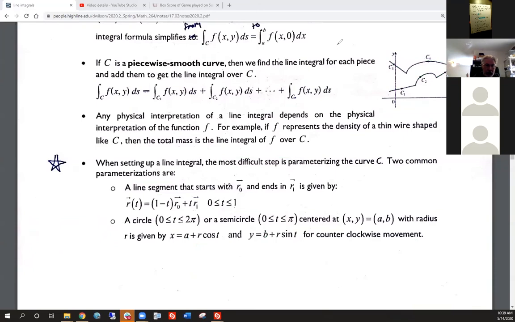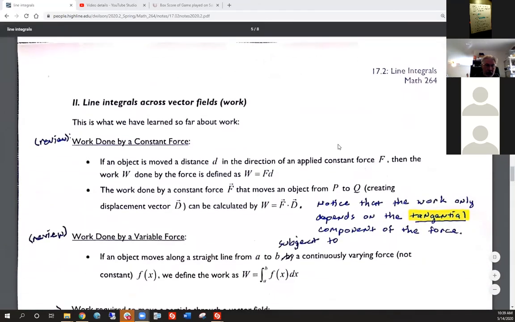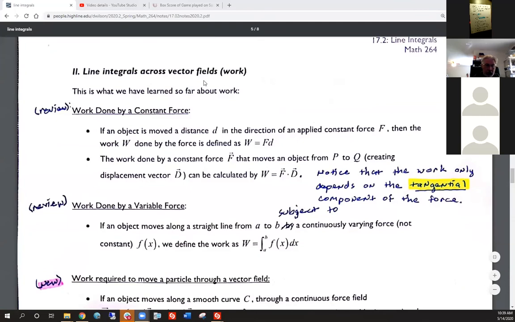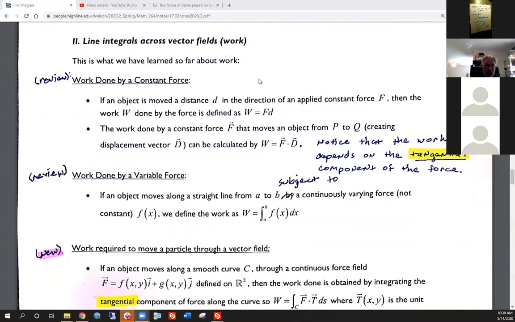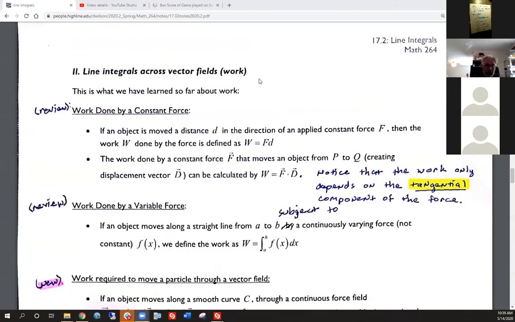Okay, let's do another derivation. I told you that our big application that we're going to work with is the application of work. If you've been coming just through calculus, then you probably would have had a few examples with work. If you've had physics or engineering, then you probably had lots of work with work.